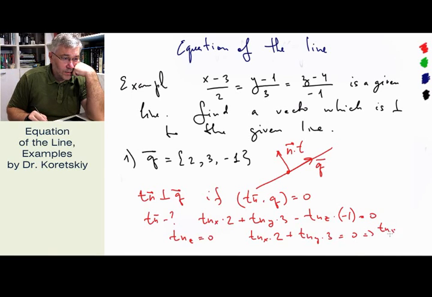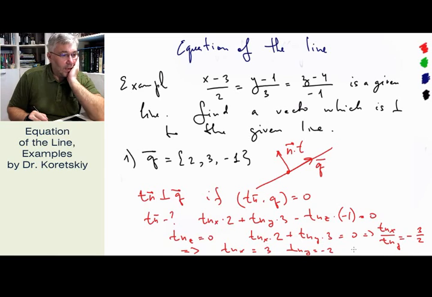So it means that component x of the perpendicular vector over component y equal minus 3 over 2. So if nx equal, for example, 3, ny equal minus 2, for example.